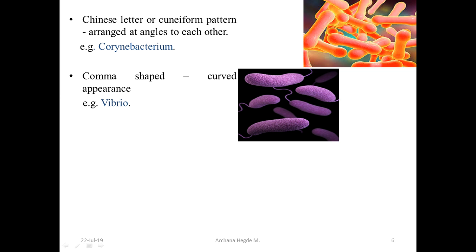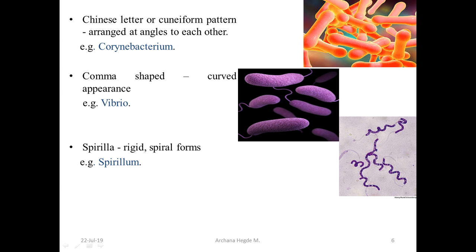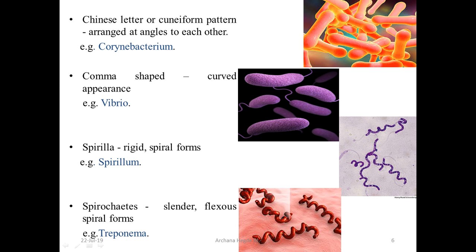Here it is like a comma shape. Coming to the next, spiral. These are rigid spiral forms called Spirillum. You can see the spiral structures. And coming to the next, spirochetes, which are slender, flexible and spiral forms, example Treponema pallidum. See here, compared to this, it is very spirally formed structure.